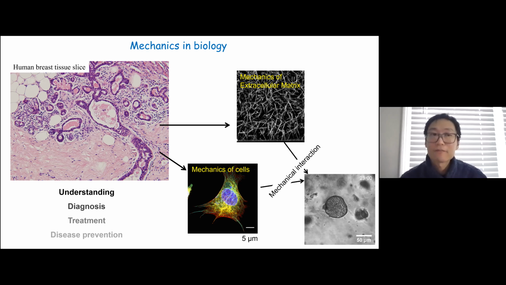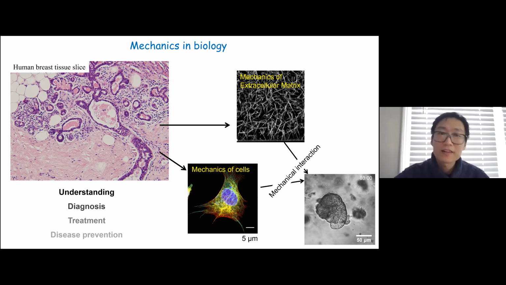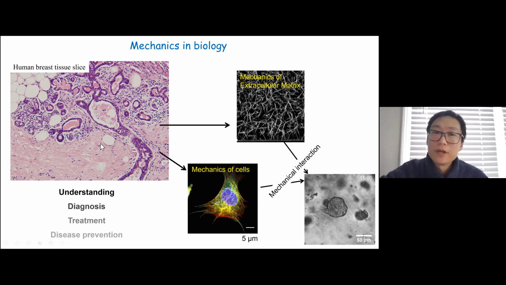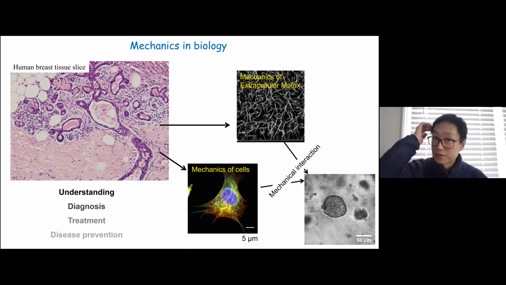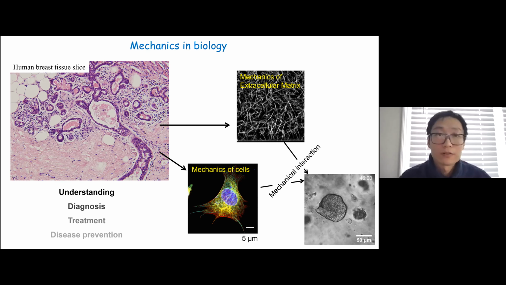Otherwise, you wouldn't have the final house with the function. So that's our focus. And of course, the long-term goal is, with the fundamental understanding of the mechanics and physics of cells, we hope to diagnose disease, treat disease, and even prevent disease from happening in situ in the body. But it's certainly a long way off; we're still rather at the first understanding step.